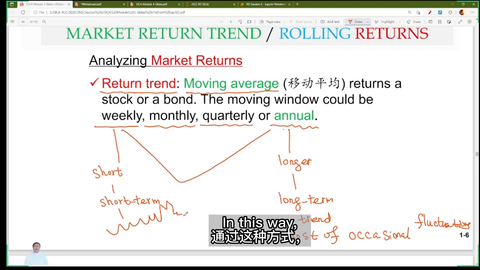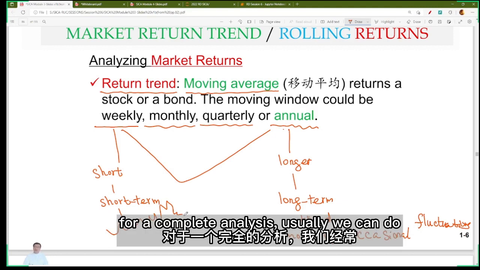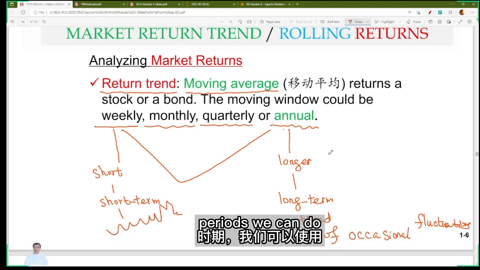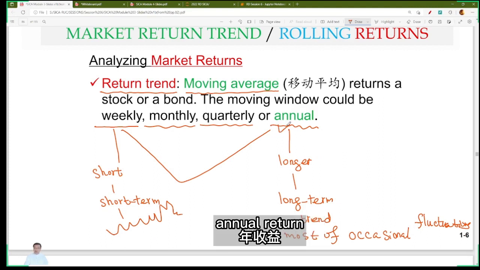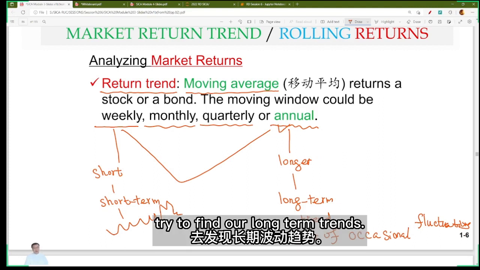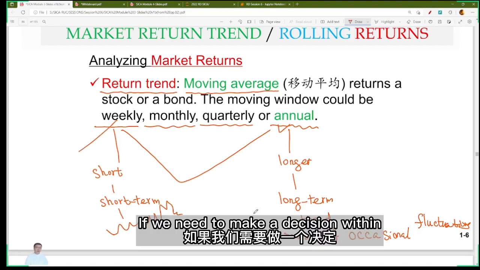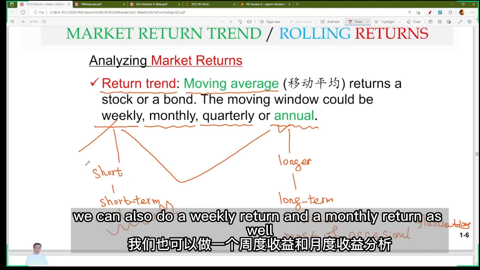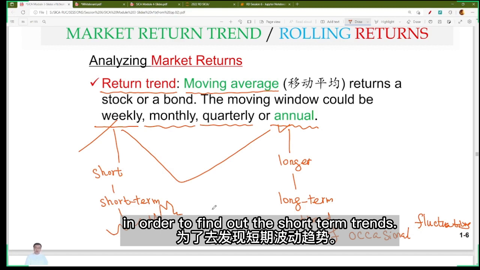In this way, for a complete analysis, usually we can do the periodic analysis on return from different periods. We can do annual return, to try to find out long-term trends. If we need to make a decision within a short time, we can also do a weekly return and a monthly return as well, in order to find out the short-term trend.